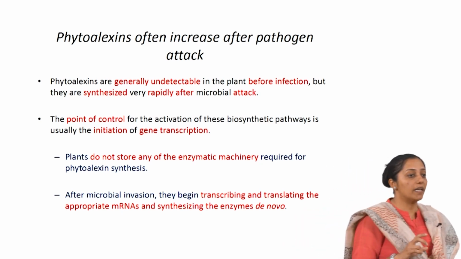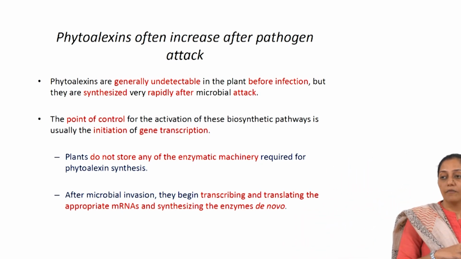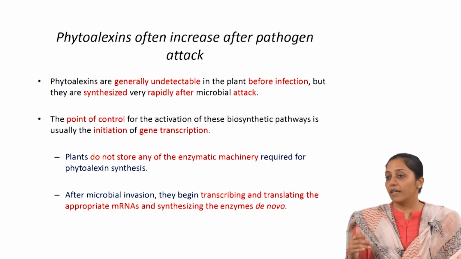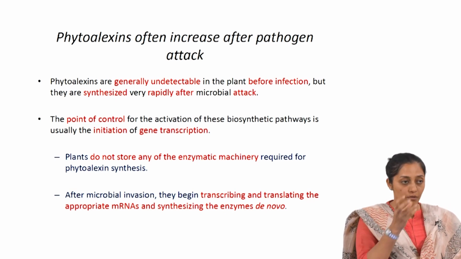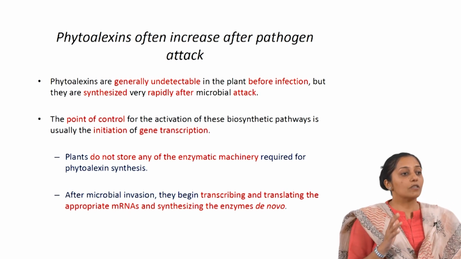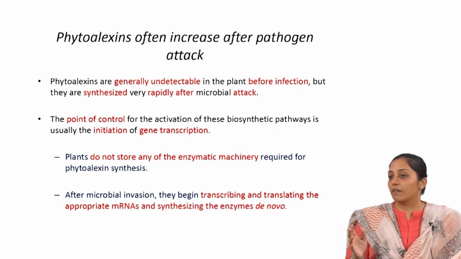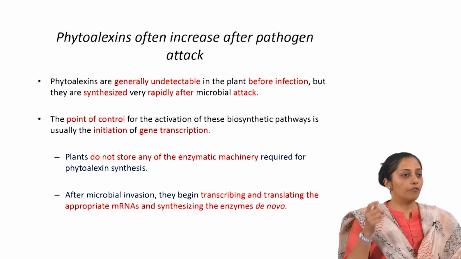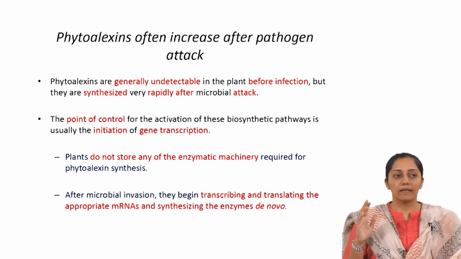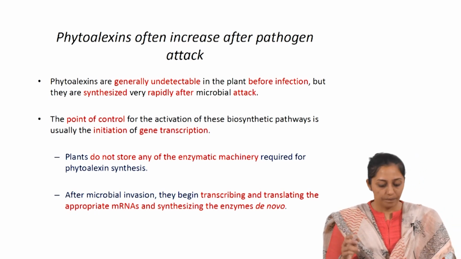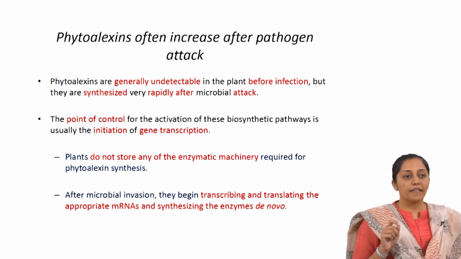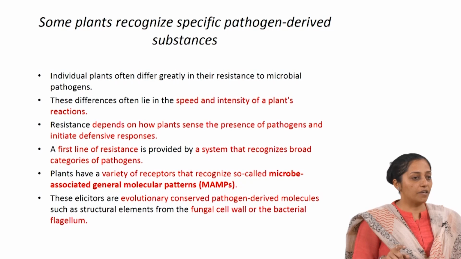So these phytoalexins are a very wide range of secondary metabolites, sometimes very broad, pertaining to a particular taxonomy, or very specific to a particular kind of insect or pathogen which is continuously attacking that particular species. So they remain generally undetectable in the plant before the infection.